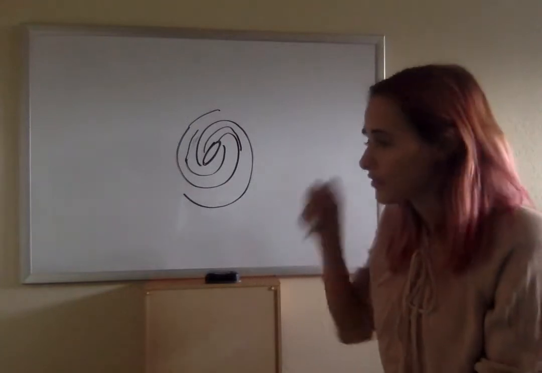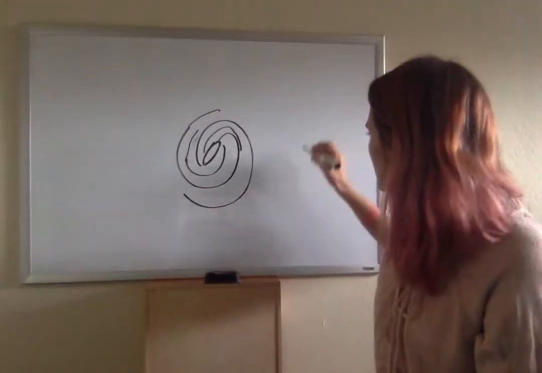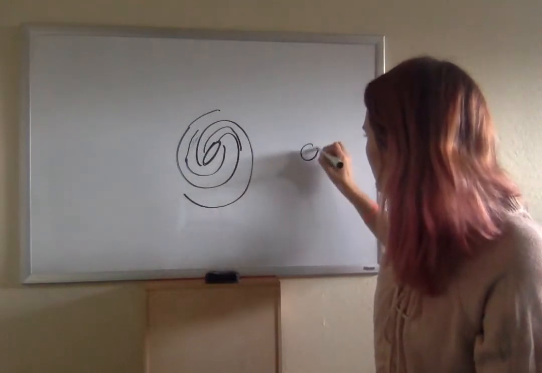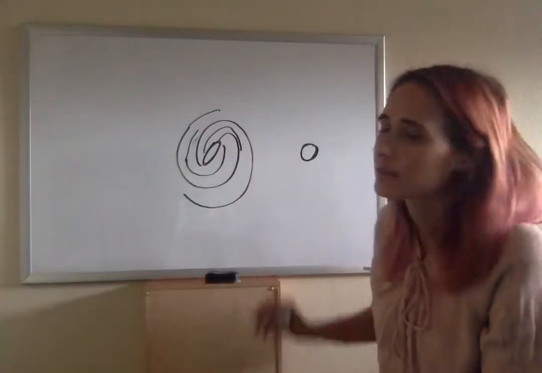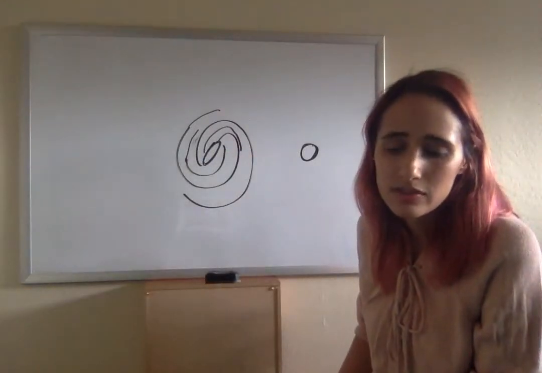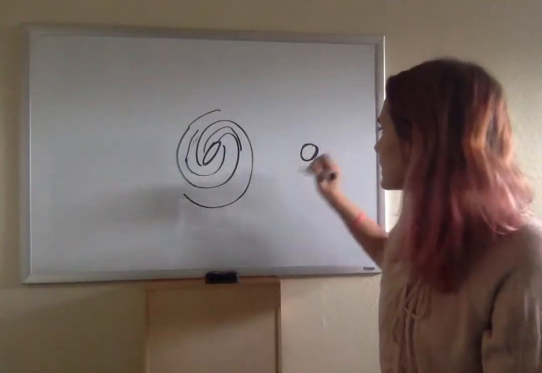If we look at it from the side, we see this central region called the bulge. This is made up mostly of old stars, and they're all just moving around in a sphere.